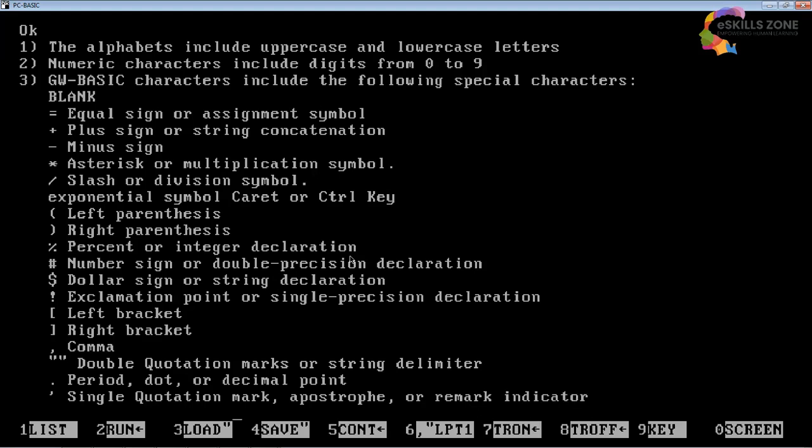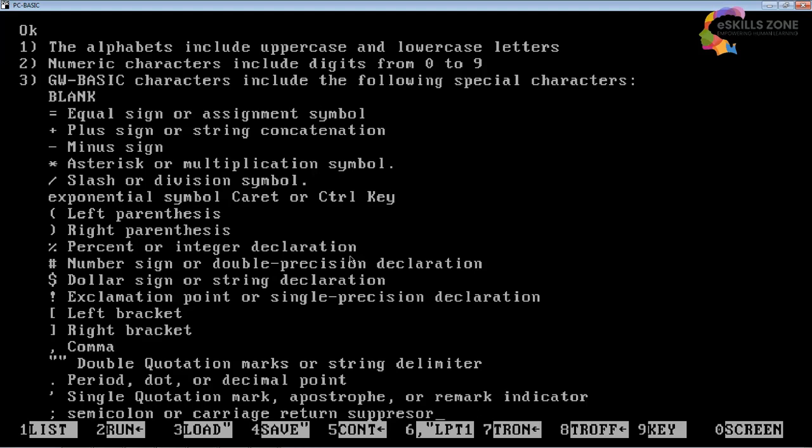The next one is semicolon, or carriage return suppressor.